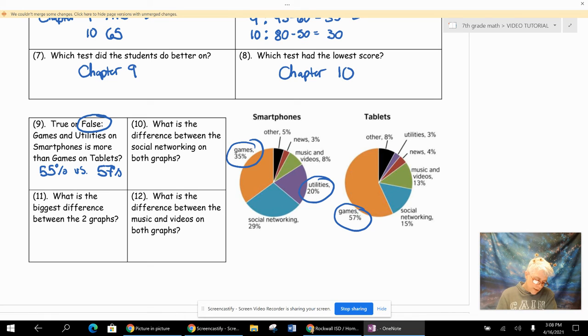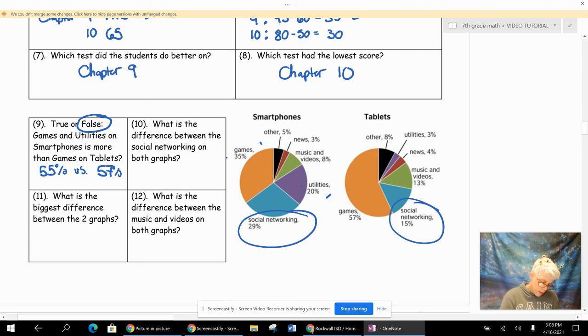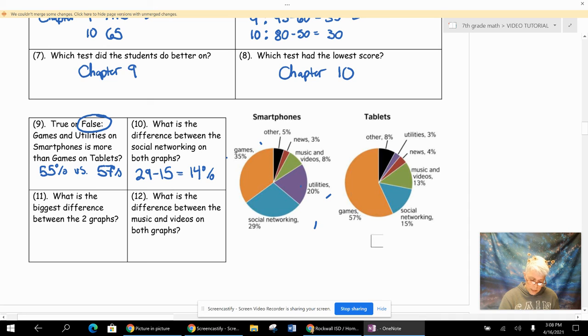All right. What is the difference between social networking on both graphs? I'm going to erase these circles here. We're just going to look at social networking. This one's 29. This one's 15. So 29 minus 15 equals 14% difference. So on smartphones, people are doing social networking way more than on the tablets.